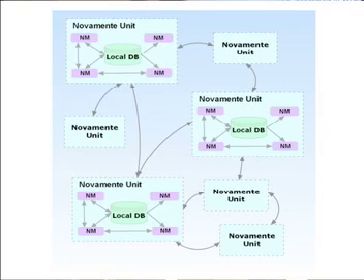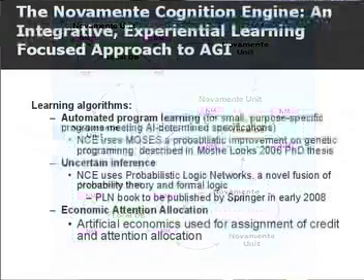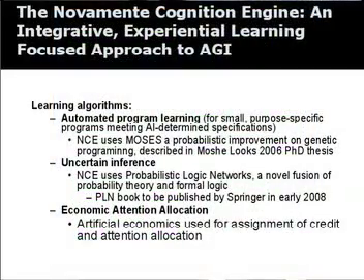In terms of the learning algorithms that live in these little mind agent boxes, that's really the deepest part. We have a probabilistic logic system called PLN, which Matt Ikle talked about one aspect of earlier today in terms of how it deals with quantifiers. An automated program learning system called MOSES, which was developed primarily by Moshe Looks, who's in the audience here, although he's not giving a talk this year.